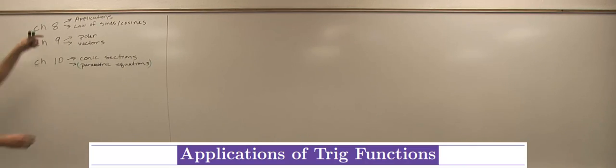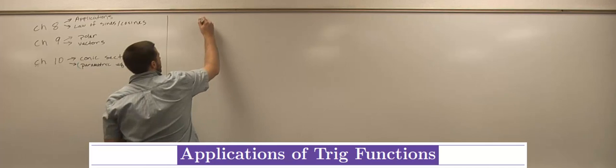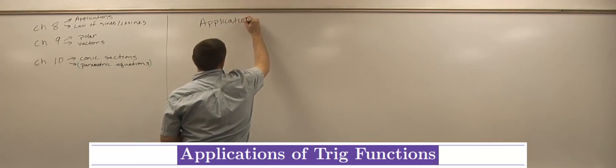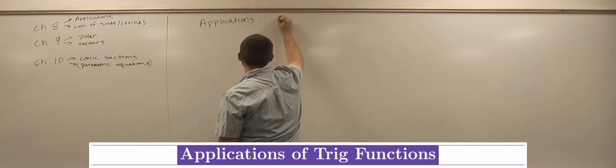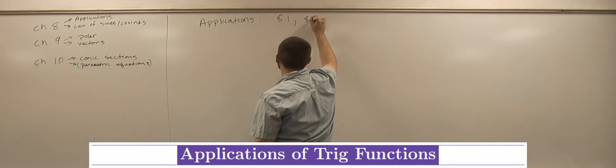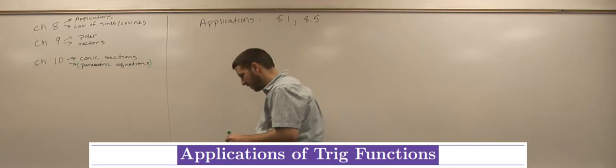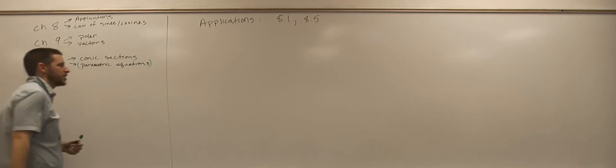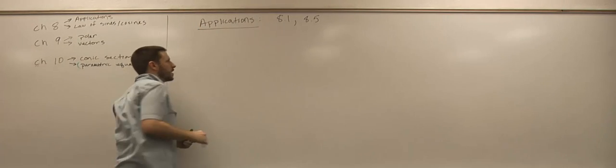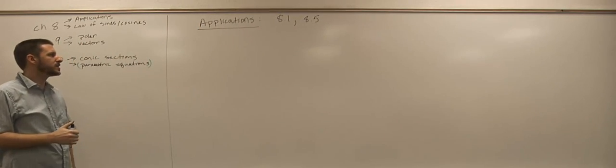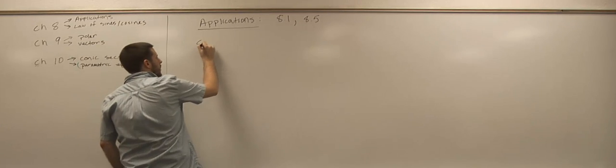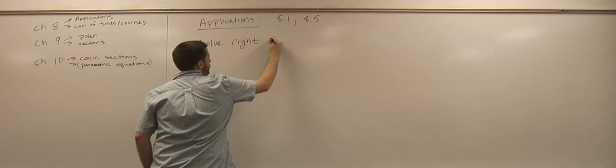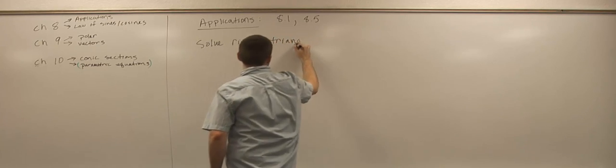So the applications that we're going to do today cover 2 sections. They start at 8.1, and then they continue in 8.5. There's a whole bunch of different types of applications of trig functions, but we're going to focus on 3 particular ones. We're going to solve right triangles, which we've done a little bit already, so shouldn't be too bad.